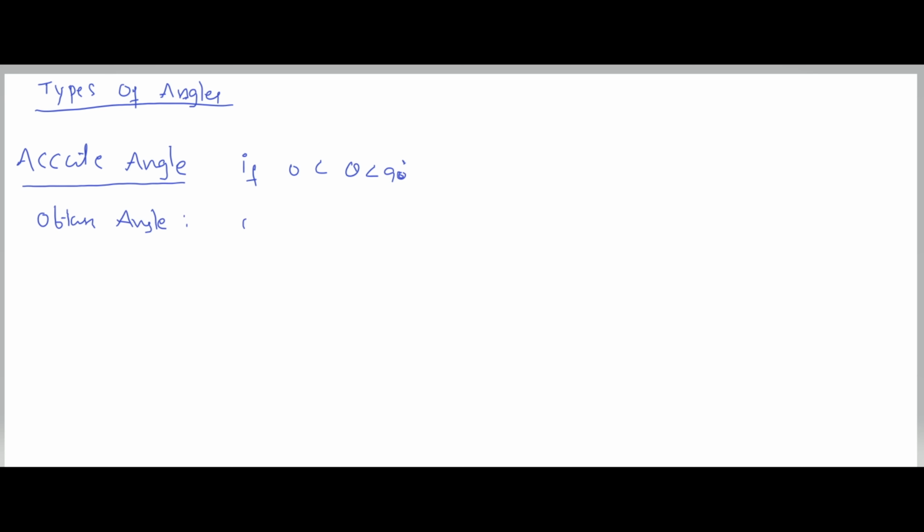If 90 degrees less than theta less than 180 degrees, it is called obtuse angle. Third one, reflex angle. If 180 degrees less than theta less than 360 degrees, it is called reflex angle.